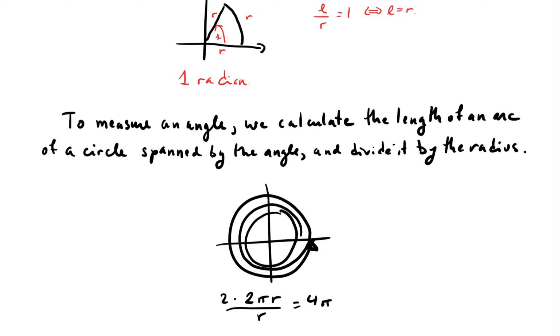Let me do that. 1 and 2. This is 4 pi radians. So an even multiple of pi is going to be a rotation corresponding to 1, 2, 3, 4, 5, or 6 rotations around the circle.